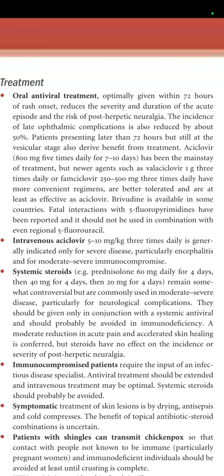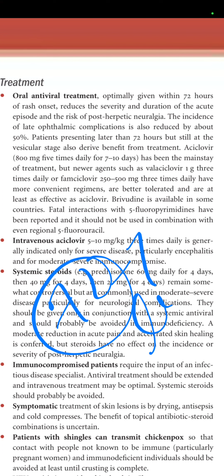So if treatment is started within 72 hours of development of the rash, the acute episode will be less severe, and there will also be less chance of post-herpetic neuralgia. The incidence of late ophthalmic complications is also reduced by 50%. Patients presenting later than 72 hours but still at the vesicular stage also derive benefit from treatment.